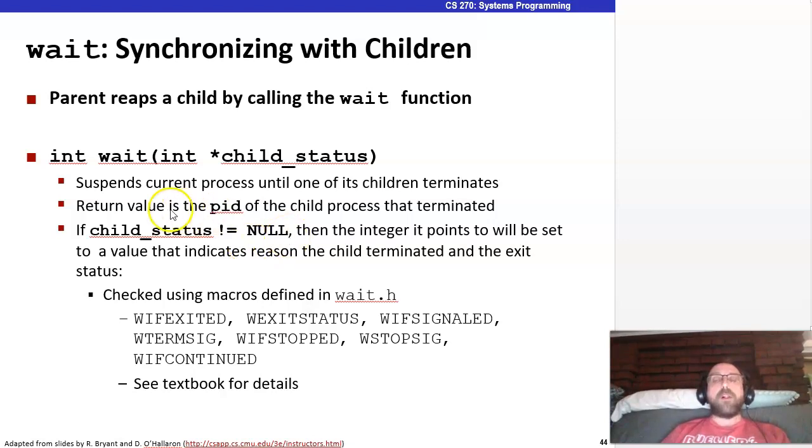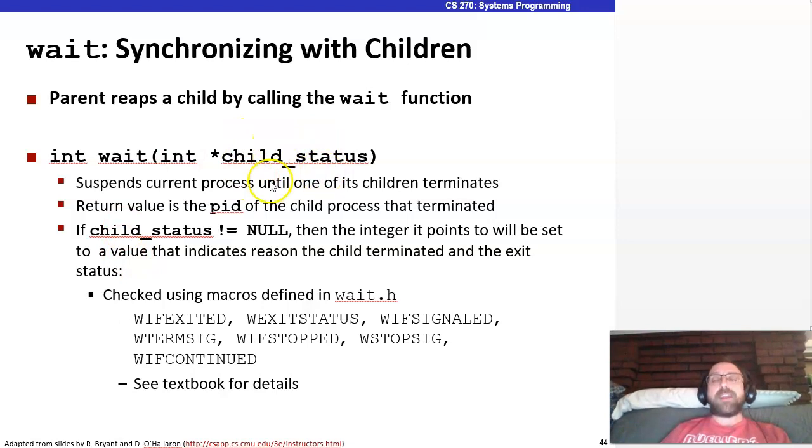By the way, all things might have errors, so we'll take a look at some of the error codes that are available for it. If you pass in a null pointer for the child status, meaning you're not giving it an integer, or a pointer to an integer, then wait just won't store the child status. It'll throw it away. You'll still find the process ID.